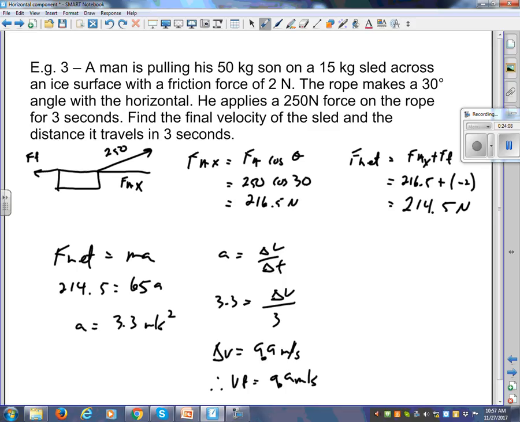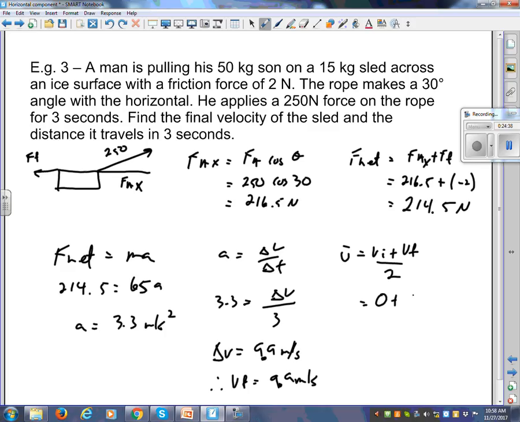Okay, so I now get the last step. I got to find the distance it travels. Do I just go 9.9 times 3? Sarah's shaking her head. How come, Sarah? I got to find average velocity. The only formula that's got distance in it is one that has average velocity, and we don't have average velocity. We have the VF. We have to go V bar is equal to VI plus VF over 2.